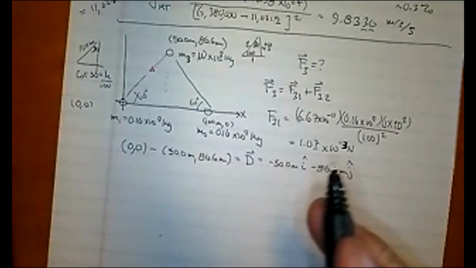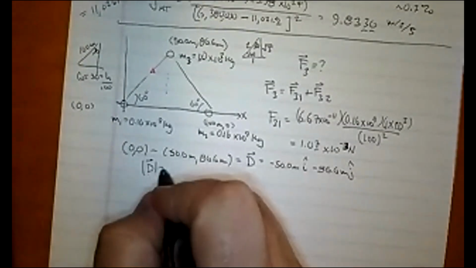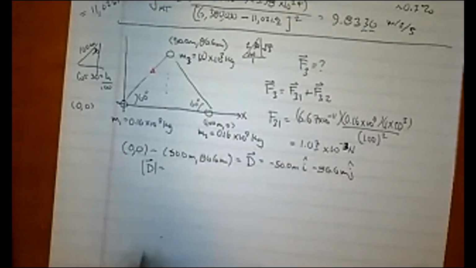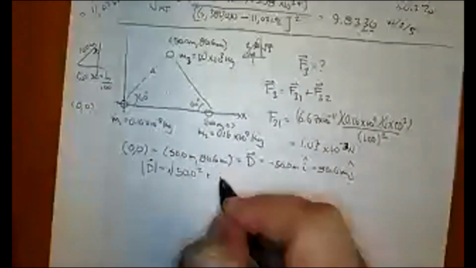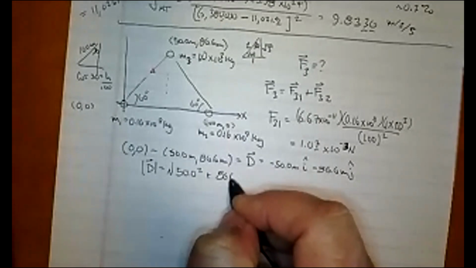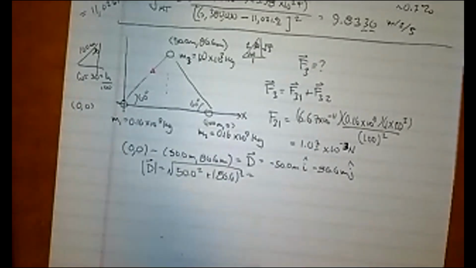Okay. So that means it should be 100 meters long. Let's check that. The magnitude of d would be the square root of 50.0 squared plus 86.6 squared. So if I do that, I'll say 50 squared plus 86.6 squared, and now I'll take the square root of that.